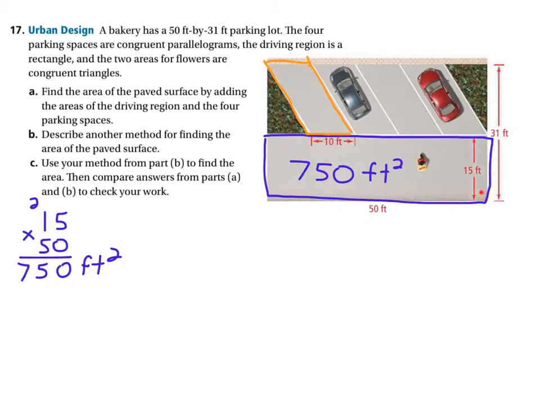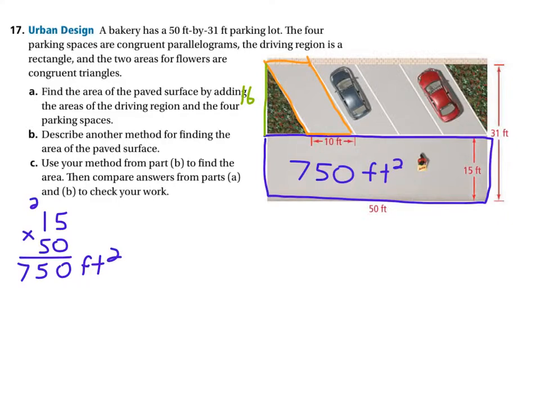This whole height is 31, and if you were to take away this length of 15, you would find out what that height is. If we do 31 minus 15, you can do that in your head. That is 16. So we can label it as a height right here of 16.